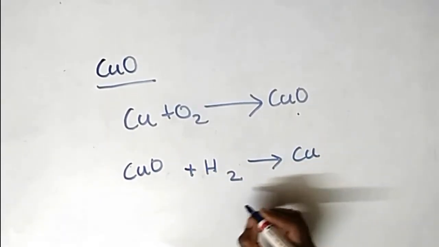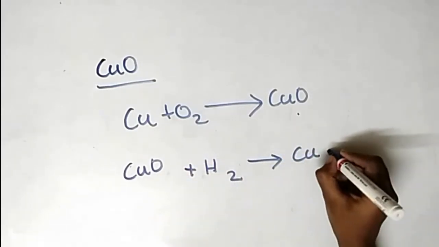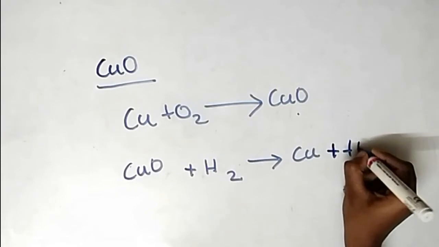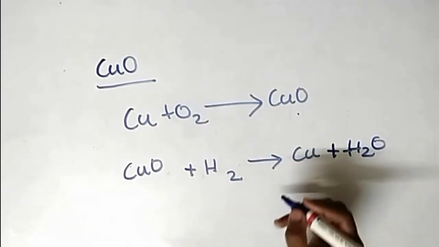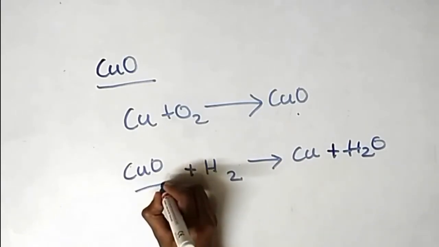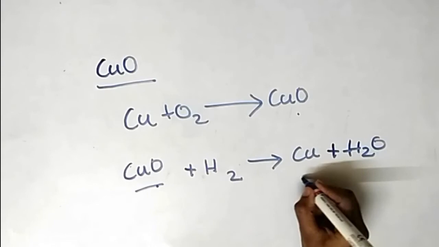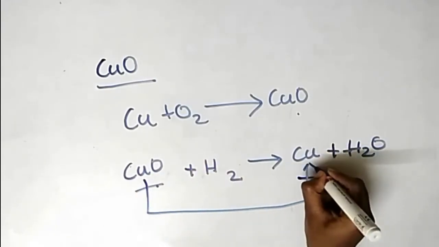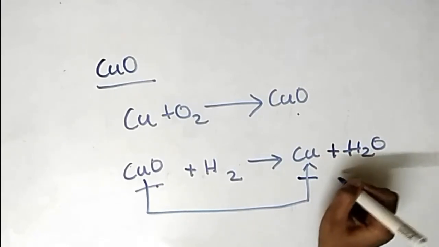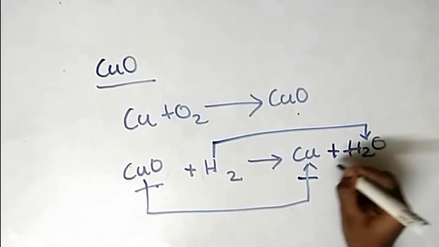That is, copper oxide plus hydrogen gives you Cu plus H2O. When you observe here, the oxygen is removed from the copper oxide, which is reduced to copper. And the hydrogen gains the oxygen and changes to H2O.